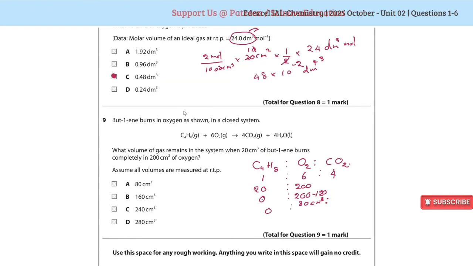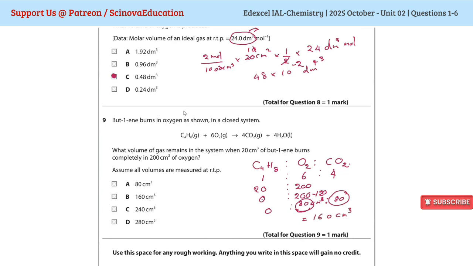Then the stoichiometry between butene and carbon dioxide is 1 to 4. That means 20 to 80. So finally in the system we have 80 cubic centimeters of O2 and 80 cubic centimeters of CO2, which adds up to 160 cubic centimeters. So the answer is option B.